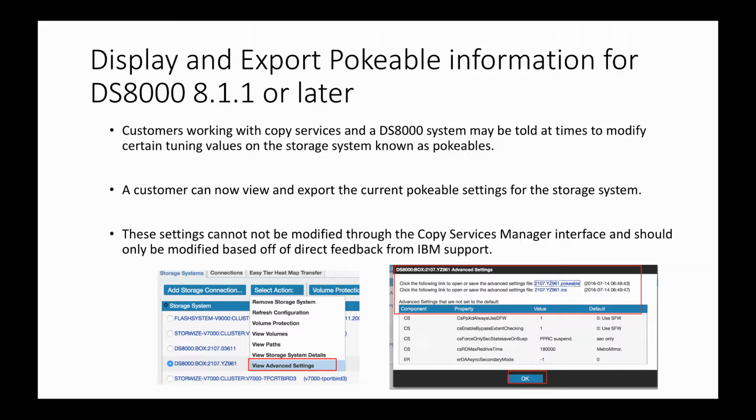So now within Copy Services Manager, from the storage system panel, for any DS8000 at 8.11 or higher, you can select the storage system, and under the Actions menu you select View Advanced Settings.